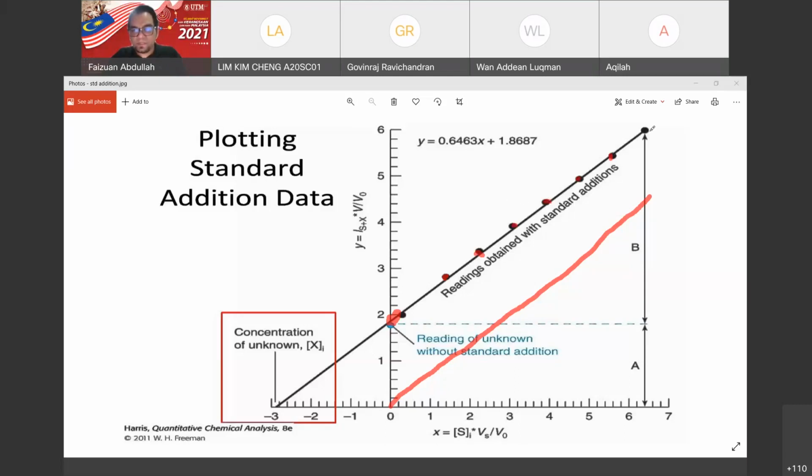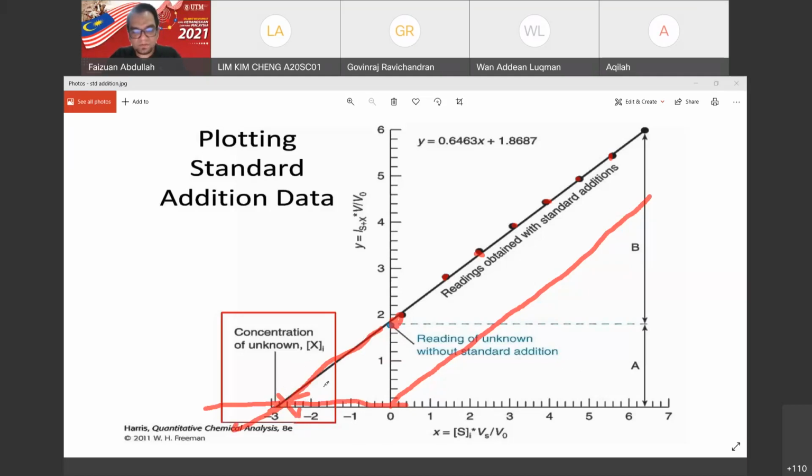And then we have to extrapolate the graph. After we plot the graph, which starts with some absorbance here and no longer from zero, we need to extrapolate the graph to find the concentration of zinc inside the unknown X. Of course it is not a negative value.